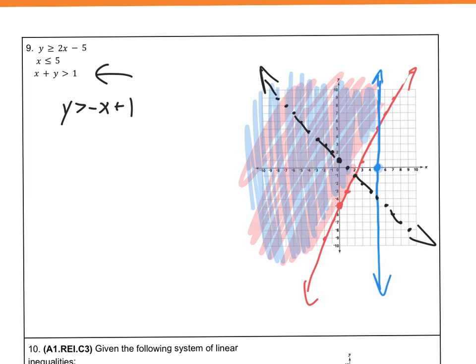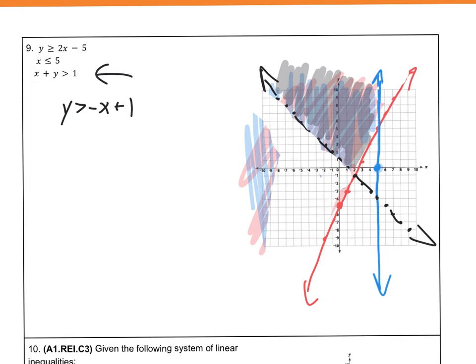And is it greater or less? Greater. So I'm just shading above the line where it has in common with the other. I'm going to go back and erase what's down here. Okay, questions on that? How many of you got that one? Looks like quite a few. Good.